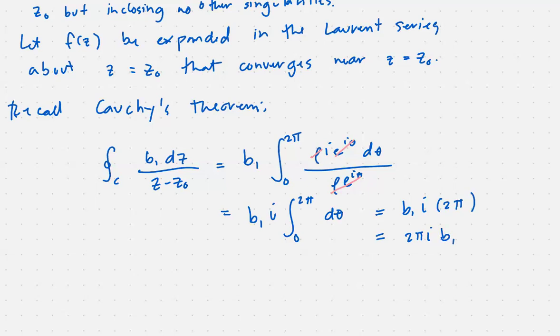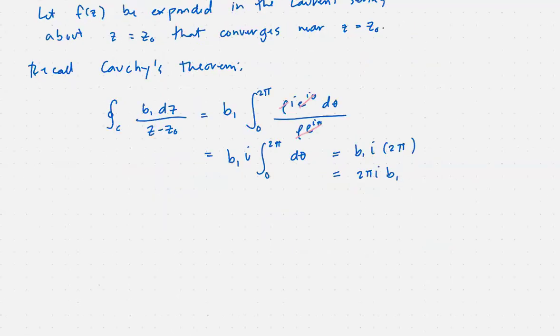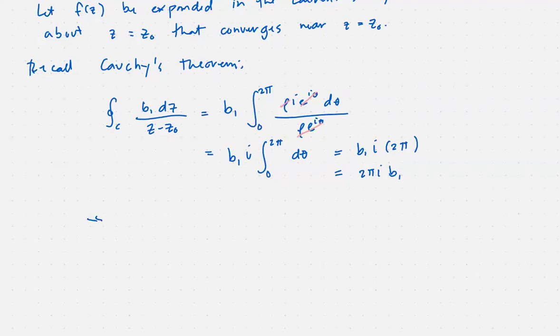Okay? Now, if we do have several singular points, or other B1s, we can actually write this. So therefore, write it as the integral of f of z dz inside the closed simple curve C is just 2 pi i times B1, what we got here, right?